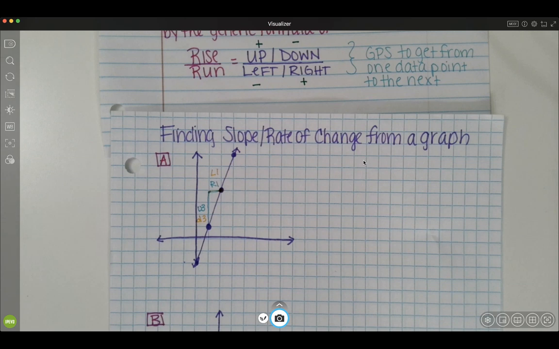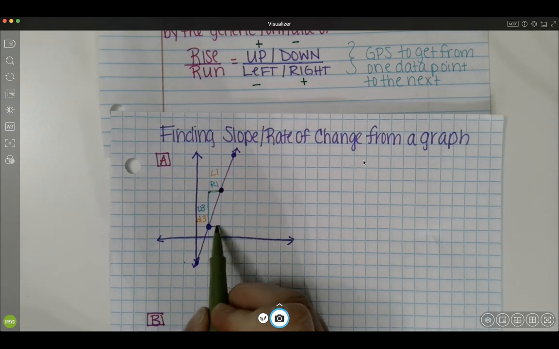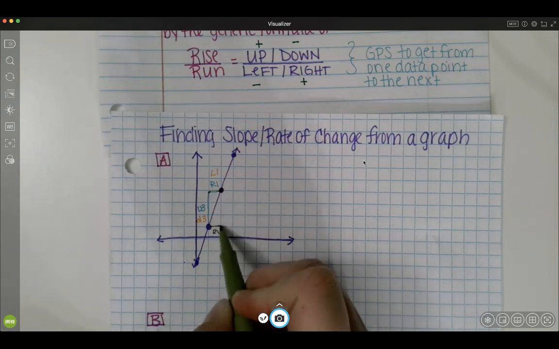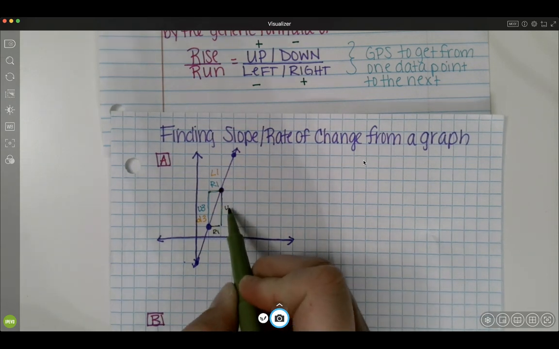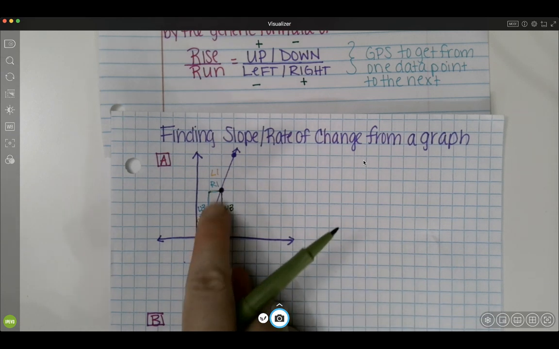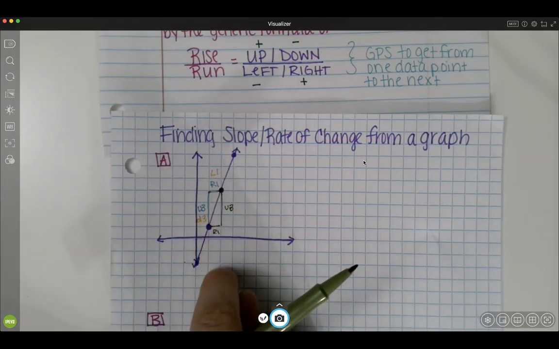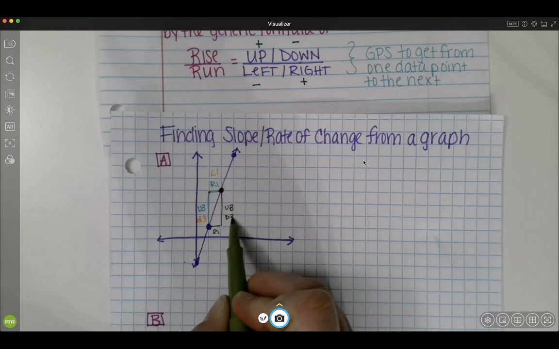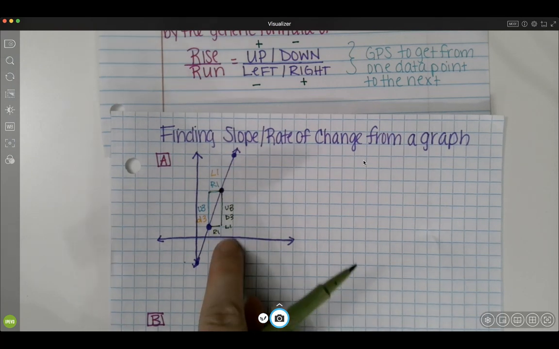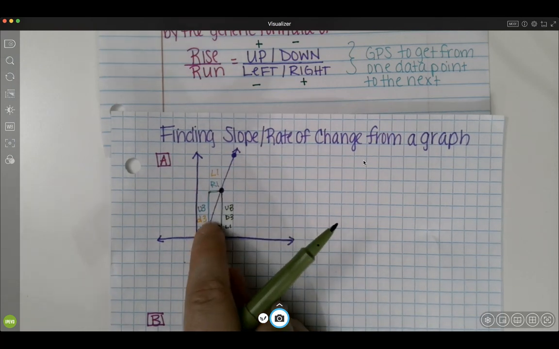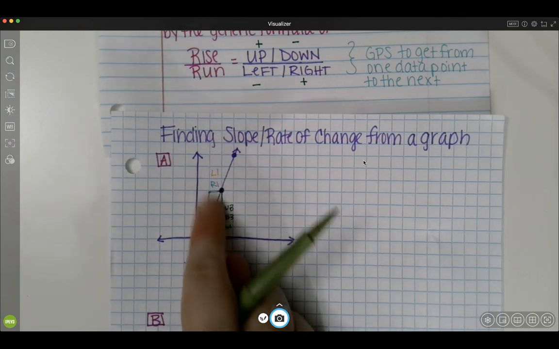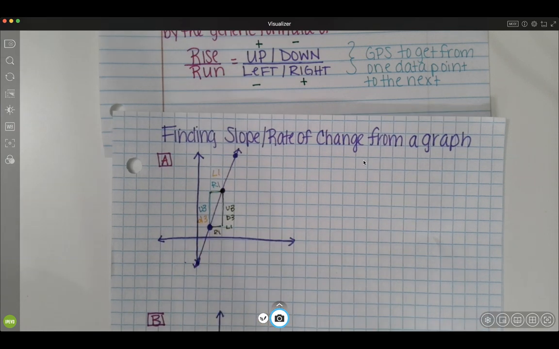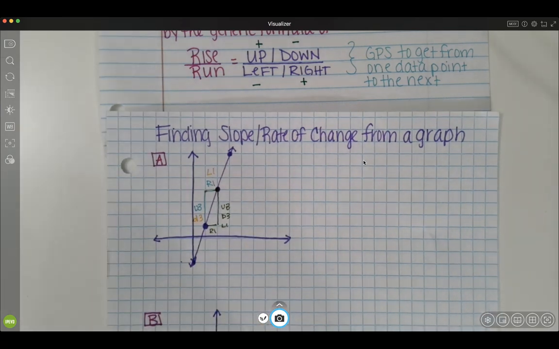I could go right 1, up 3. Notice I already have that written here in blue. Or I could have gone down 3 and left 1. Again, already written in yellow. So while there's 4 different ways I could have ventured, there's 2 different combinations that I could have done.